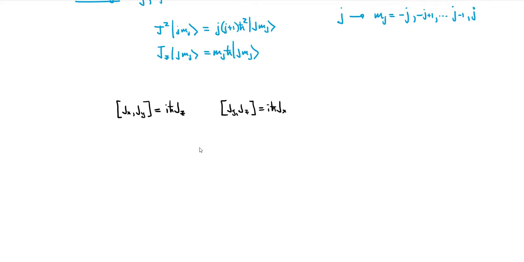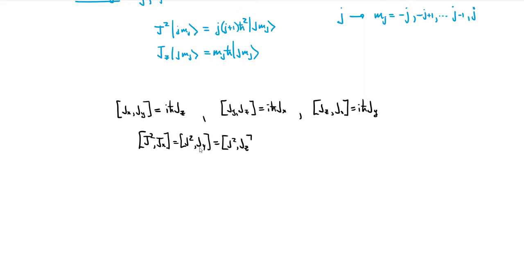So we had these three commutation relationships for the different components of our angular momentum, i h bar J_z, and so on. And we had the fact that all of the components commute with the J squared operator. So J squared with J_y, J squared with J_z, all of those commute, so those commutators are 0.